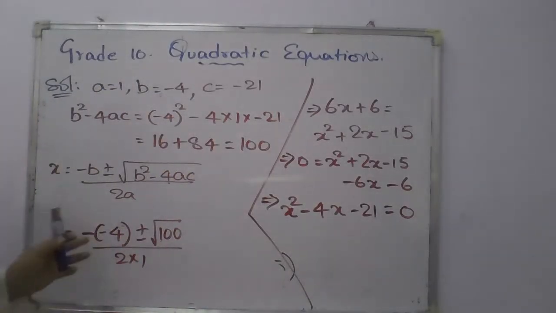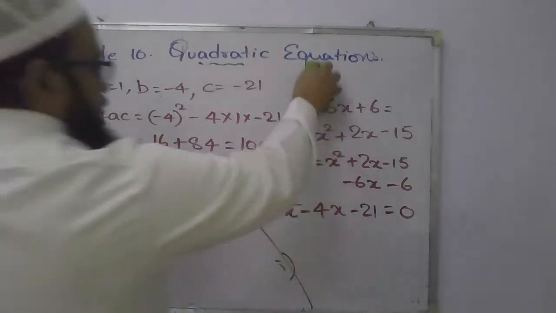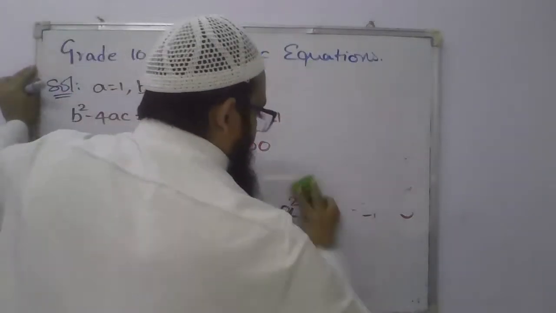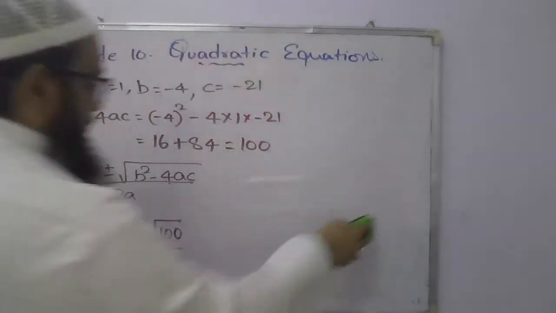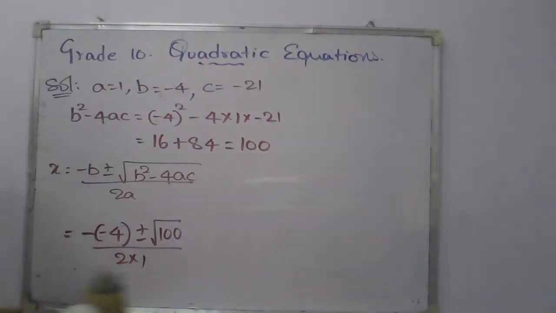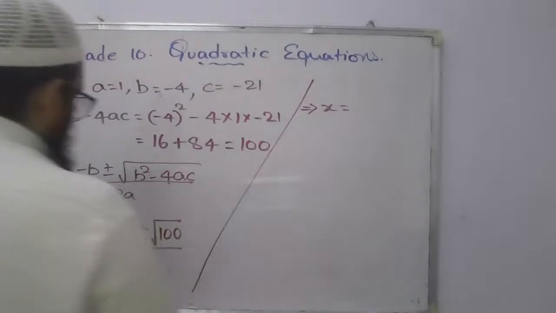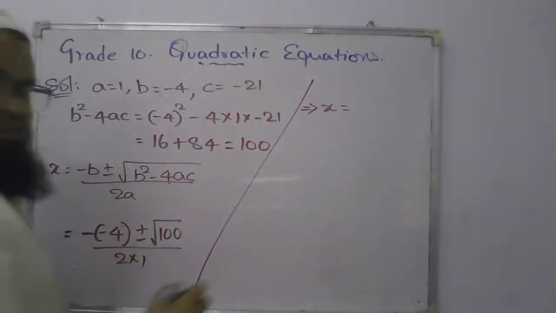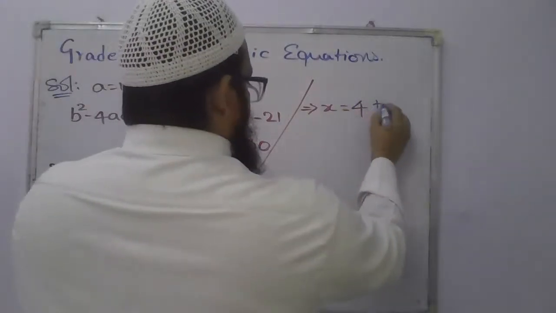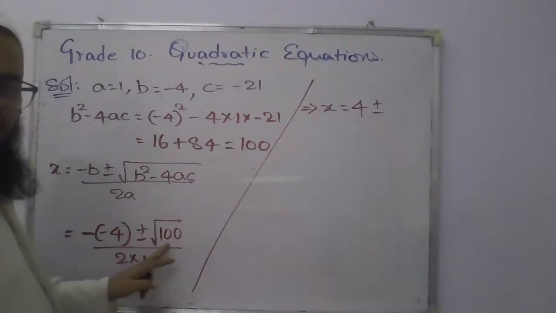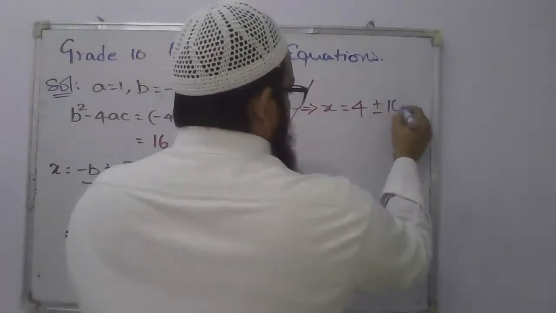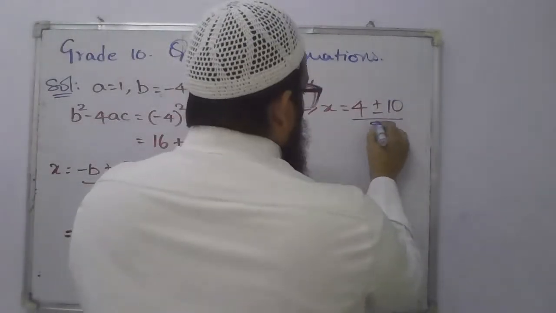So take a screenshot if you want. Now let us see what happens. That implies x is equal to minus of minus 4, plus or minus, what is square root of 100? 10, divided by 2.